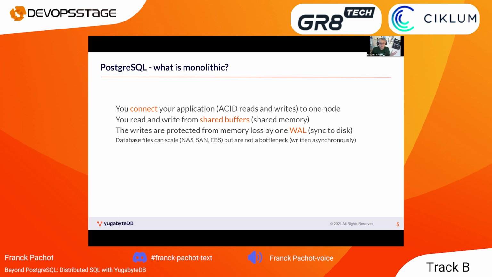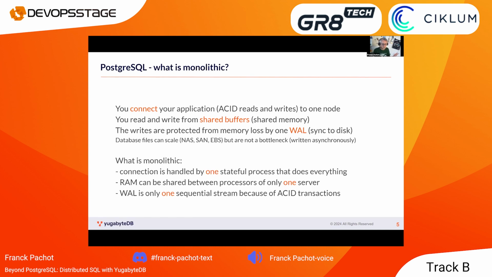The things that you are waiting for, writing to the shared buffer, connecting to a single node, those things are monolithic and you pay the price with the application then. Because the problem is that when it is monolithic, if this primary instance is stopped, if it crashes, then you don't have the memory anymore and you have application downtime.